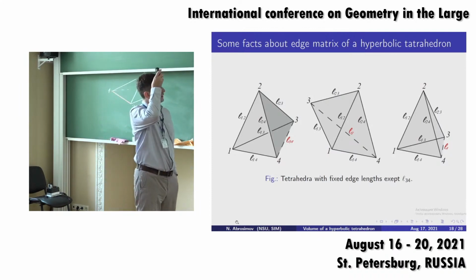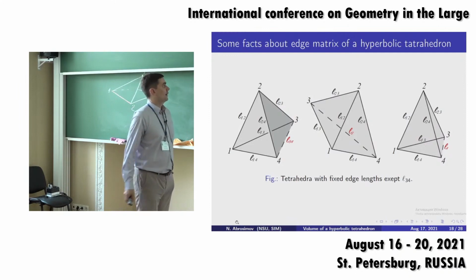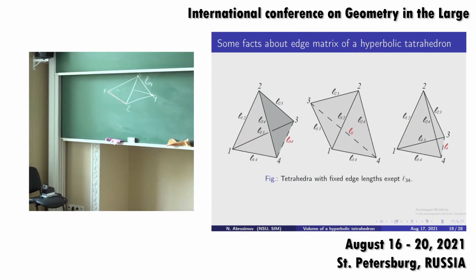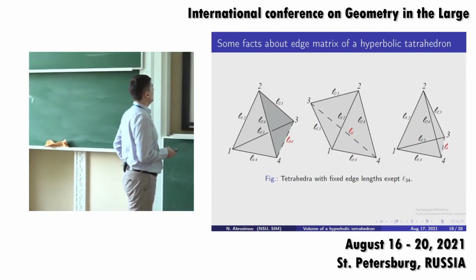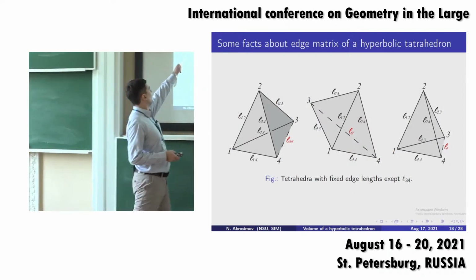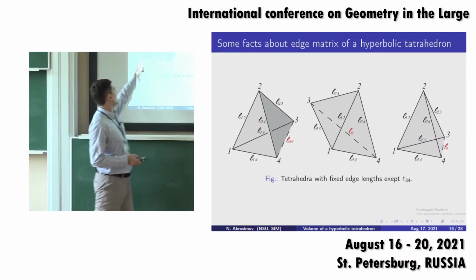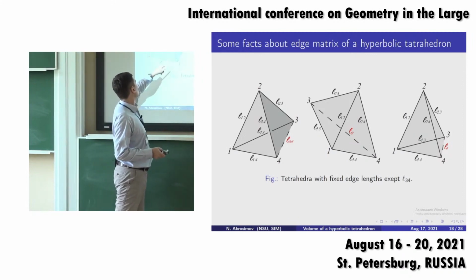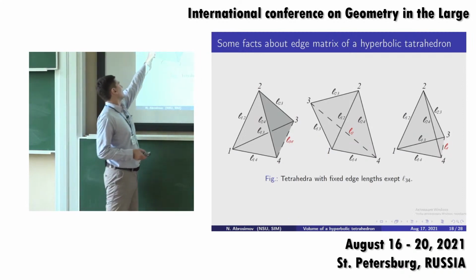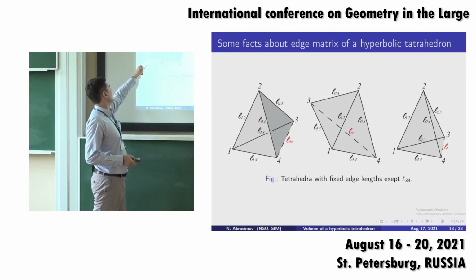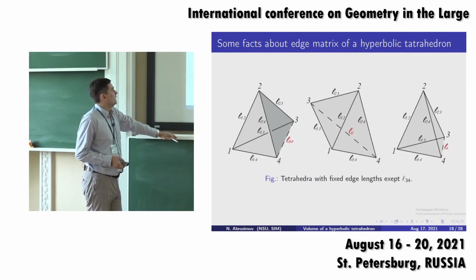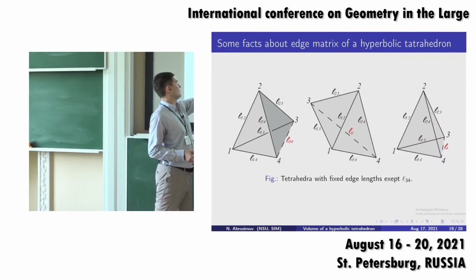We have the family of hyperbolic tetrahedra with rigid faces, oh, sorry, 1, 2, 3 and 1, 2, 4 with common edge 1, 2 and variable distance between vertices 3 and 4.